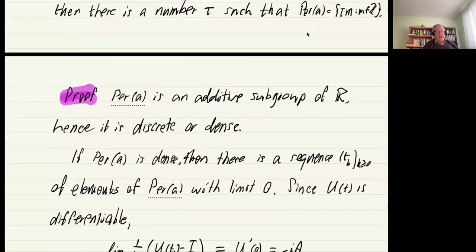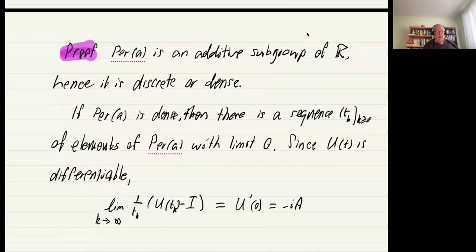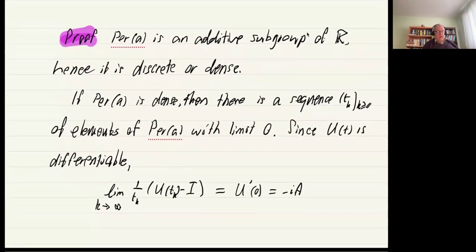So what about the dense case? We have to try and throw that away. The argument is that if the set of periods is dense, then we can find a sequence of times, periods, with limit 0.